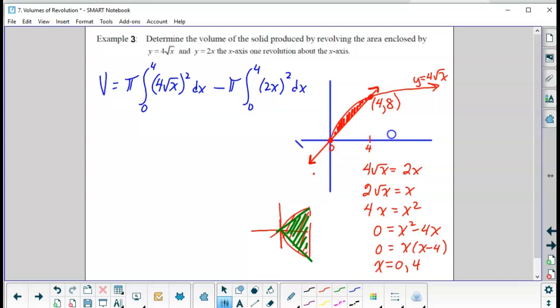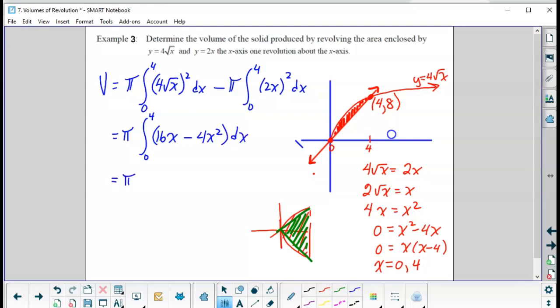Okay. You can factor out the pi, you can show it as one integral. Because it's got the same indices, that's going to be 16x minus 4x squared dx, which is a pretty straightforward integral to take.